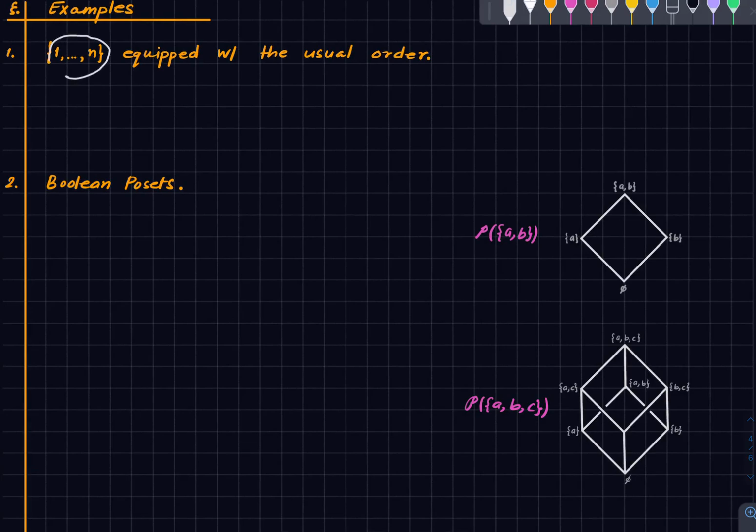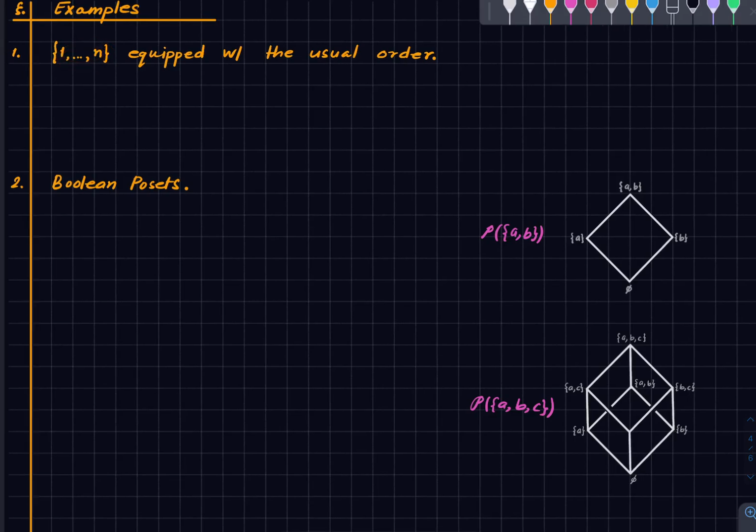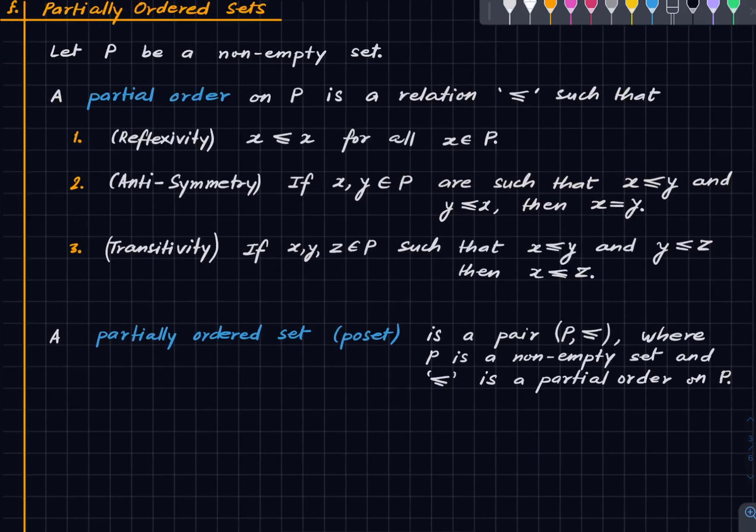So we have the set of the first n natural numbers, n is some fixed natural number. There is a usual ordering on it, just the usual way of comparing natural numbers. And once you equip this with that ordering, it becomes a poset. I should also mention here, we have defined a partially ordered set as a pair, but we may use phrases like let P be a poset.